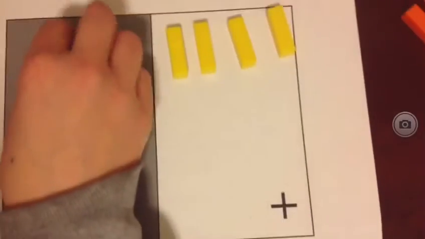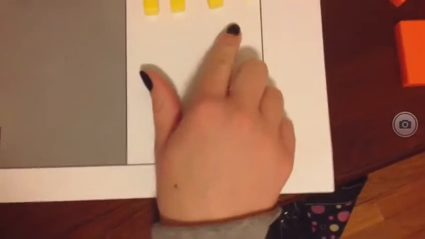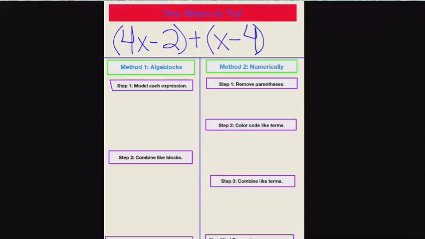So I'm going to model my positive 4x over here. Okay, minus 2. So here's my 4x minus 2. And then I'm going to model on the bottom here x minus 4. So again, I've got x minus 4 showing in the bottom. Go ahead and take a picture and drop that into GoodNotes.